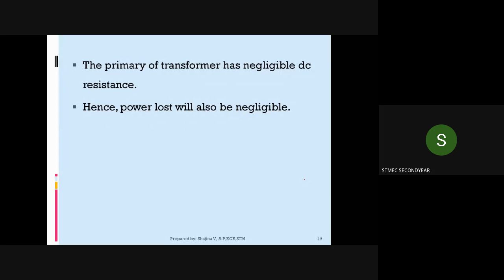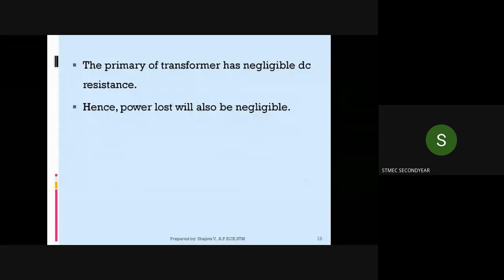As a result, there will be negligible DC power loss at this point, and we can neglect the power loss.